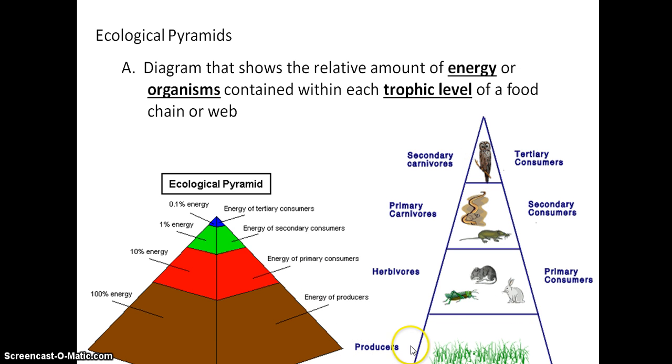At the bottom you have producers, then primary consumers, secondary consumers, tertiary consumers. This is a two-dimensional image, and this one is three-dimensional. So you can show the energy of the producers, the energy of the primary consumers, the energy of the secondary, the energy of the tertiary. You should notice that it's going down.